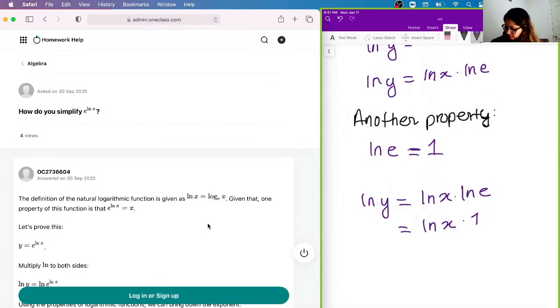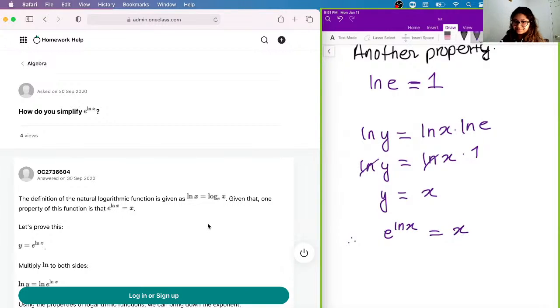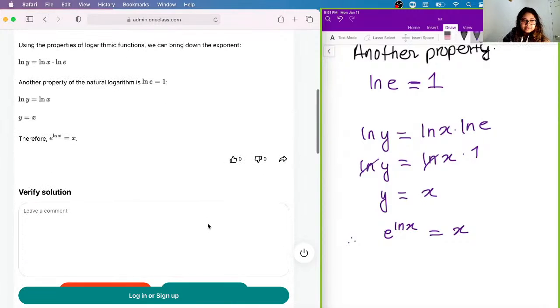And so your ln on both sides would get cut off, and what you're left with is just y is equal to x. And so therefore, we can say that e to the power of ln of x is equal to x. Not difficult, so the solution here is correct.